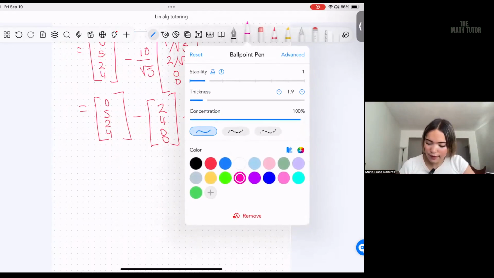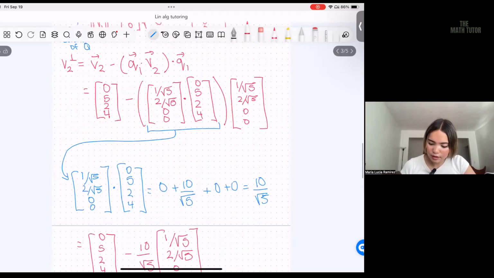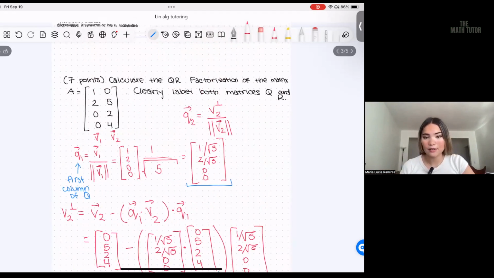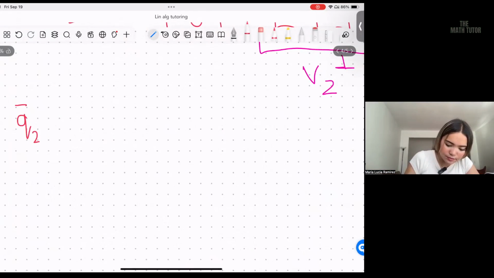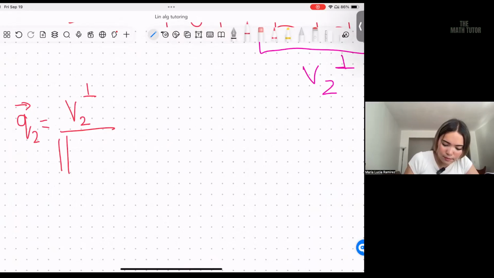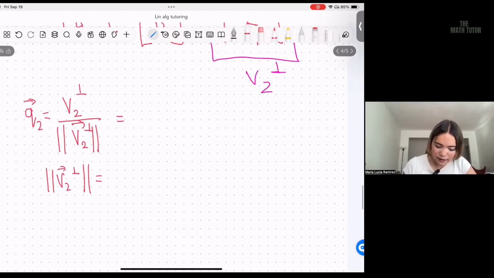And in order to find Q2, we just need to normalize V2. So it's going to be Q2 equals V2 over the magnitude of V2. So in order to normalize it, we're going to take the magnitude of V2.